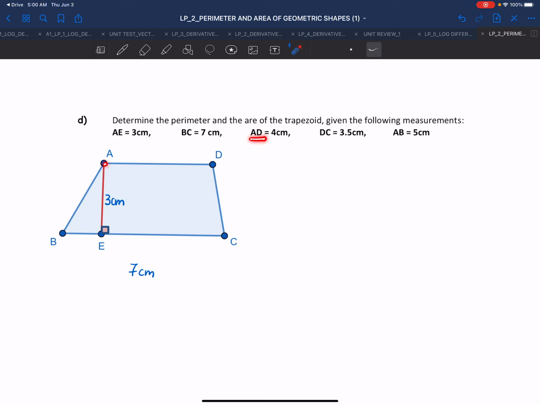This is A, this is D, this is AD, 4 centimeters. And I guess that we kind of get the idea now. So this is DC, 3.5 centimeters. And here goes AB. Here's A and here is B, 5 centimeters. And now we have everything.